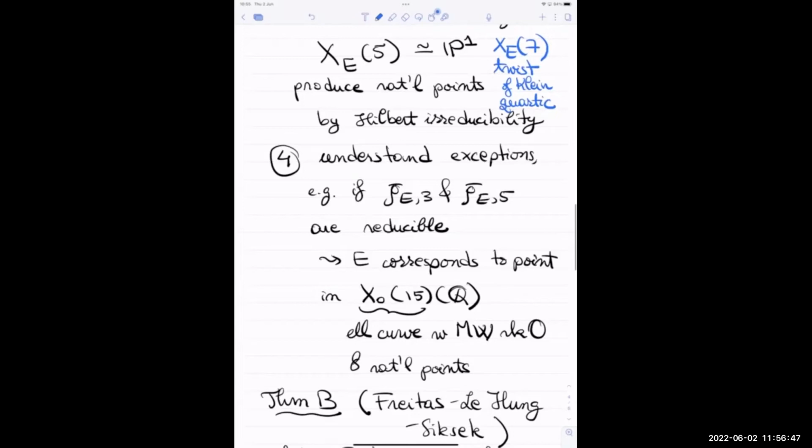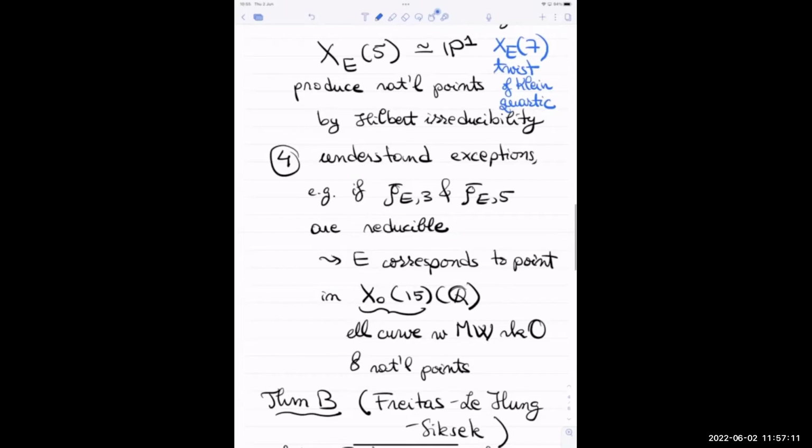Or if you have a curve that's isogenous to all its twists, then it's a Q-curve, and that's also something that's known to be modular. And of course in the CM case, you know modularity and so on. So there are these various tricks that one uses, but overall it's a more involved argument.